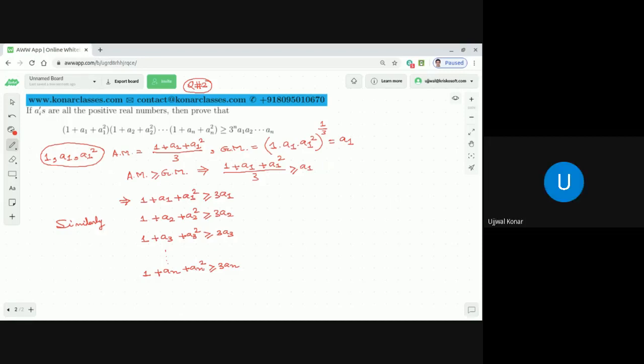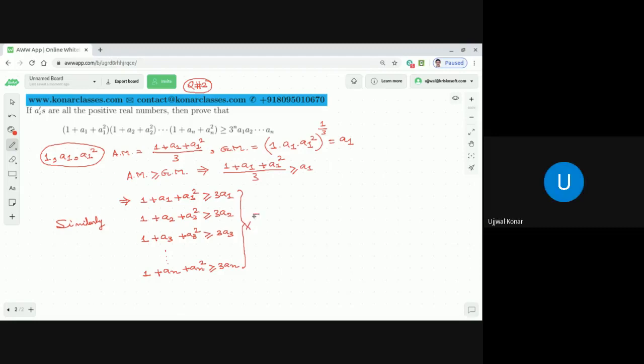Now what I'm going to do is take the product of the left hand sides of all these inequalities and the product of the right hand sides. Got my point, dear students? I'm just going to multiply all these things.